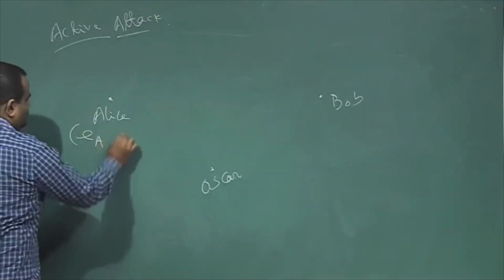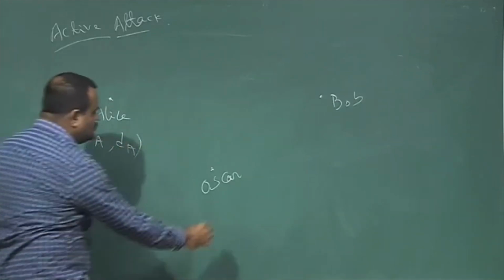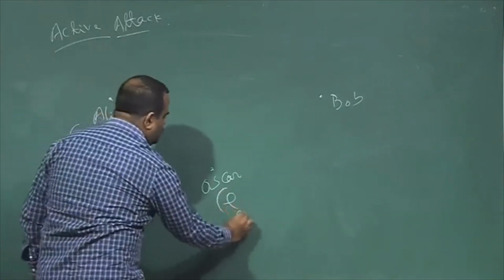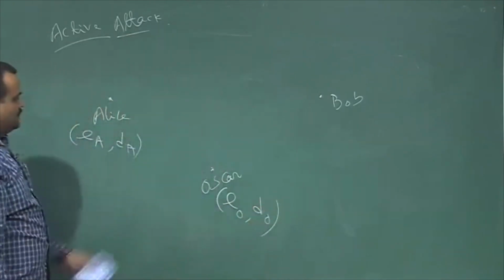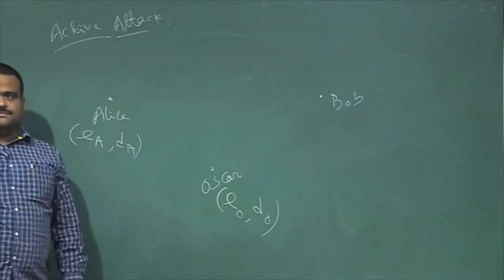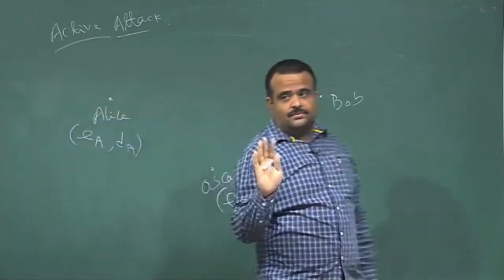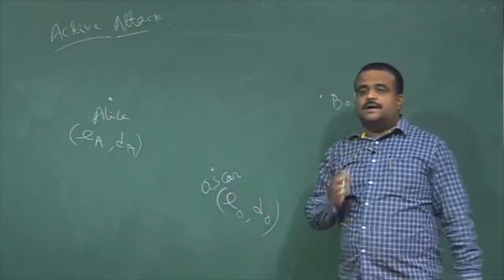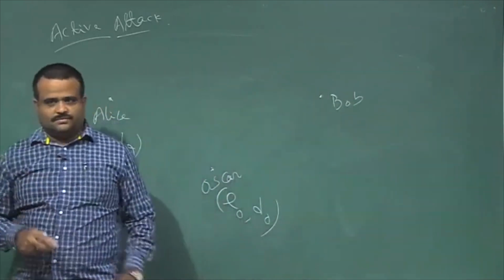So Alice is generating this. Now Oscar is also generating Oscar public key, private key pair. Oscar is also running the key generation algorithm, and Oscar is generating the public key crypto system. Maybe they agreed that we are going to use the RSA crypto system.